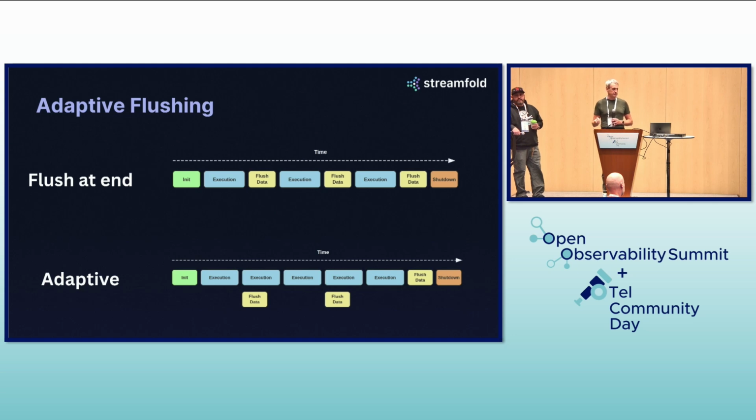You want to get that out to your exporter. So naively, you'd flush at the end, but that extends your execution, both in billing time and potentially incurring additional cold starts. So we do this adaptive approach: if we detect that your execution is more than once a minute, we'll try to flush that data concurrently with your execution, which increases the density of the VM in terms of the executions it can support, reducing your cold starts.